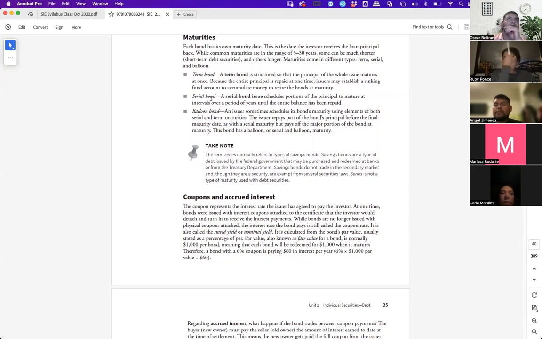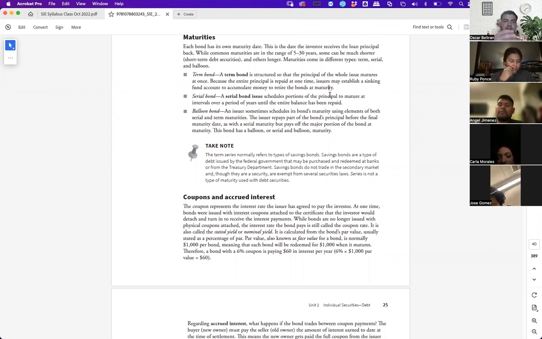Okay, and then serial bond schedules portions of the principal to mature at intervals over a period of years until the entire balance has been repaid. So all this means here is that let's say we have a bond for 20 years. It's going to give us payments every month until that bond is finally repaid with all that principal and interest.